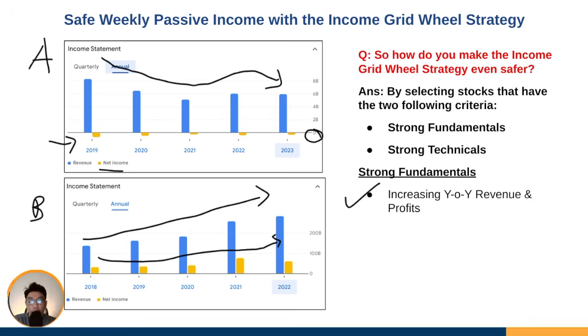So this is one of the important criteria that I choose when I want to trade the income grid wheel strategy. Because remember, the income grid wheel strategy can be a rather intermediate term strategy, right? Because you could get stuck in the stock if the market goes down. So if you get stuck in the stock as the market goes down, this is where you have to lean on good companies, whereby in the long term, if it goes up, you're going to be profitable again, right? So this is strong fundamentals.